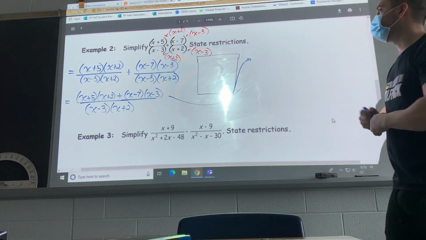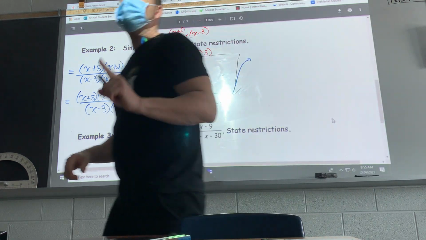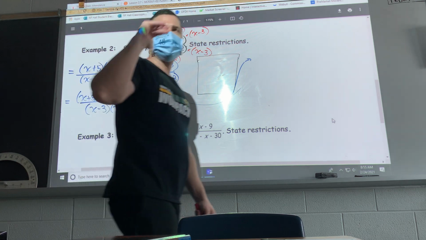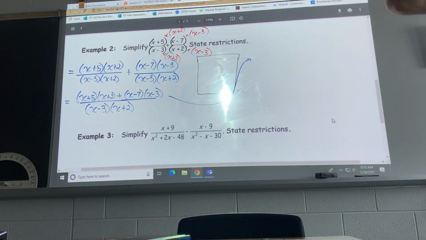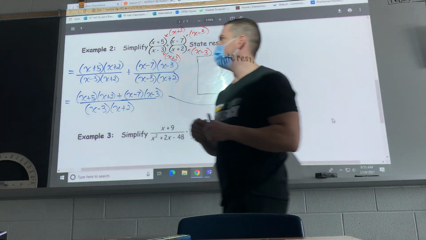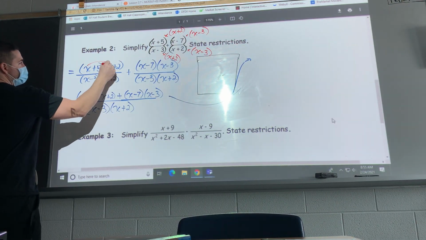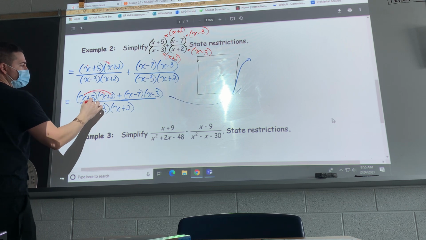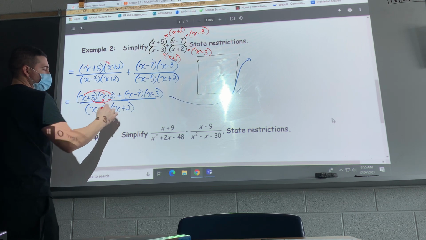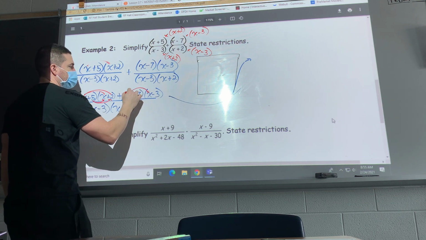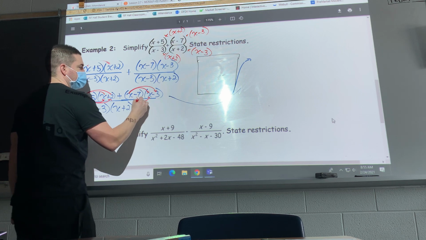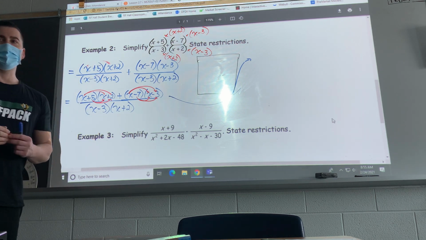Okay, so now we're going to multiply them. Just the numerators though, just the numerators. That was the last step there. It says that I added there, expand the top. We're going to expand the numerators. So x times x, x times 2, 5 times x, 5 times 2, x times x, x times negative 3, and negative 7 times x, negative 7 times negative 3.